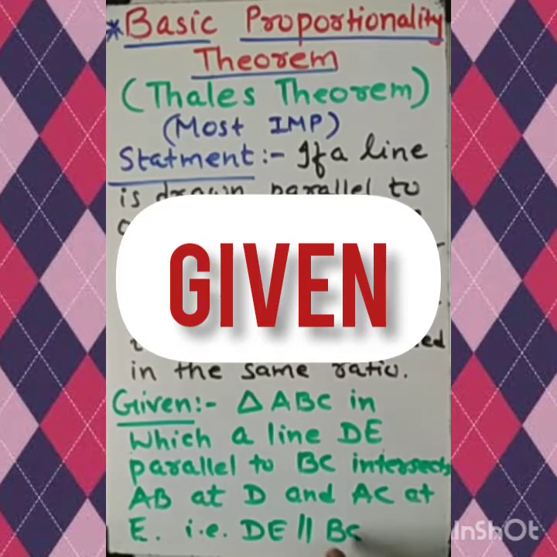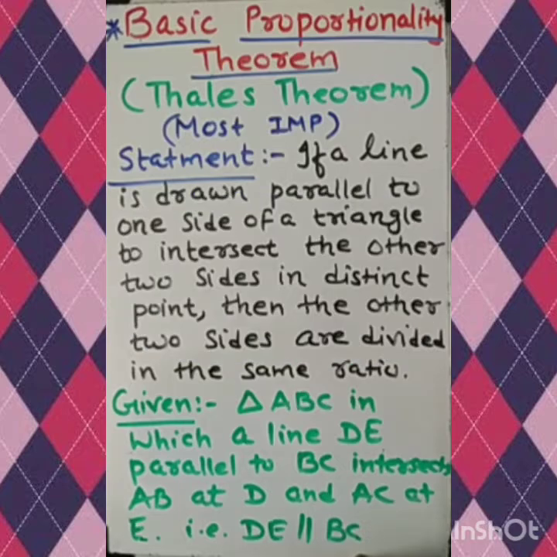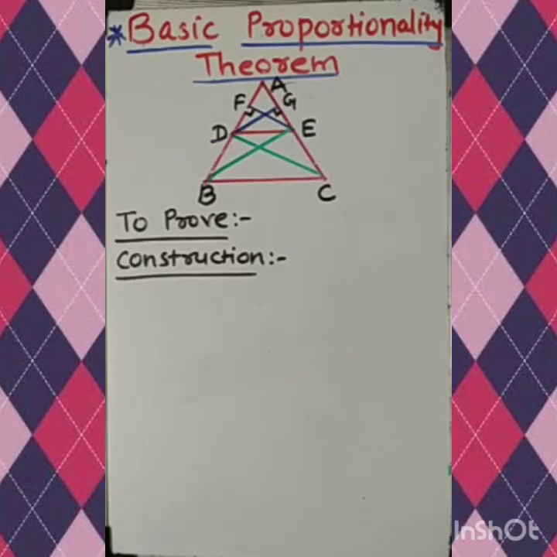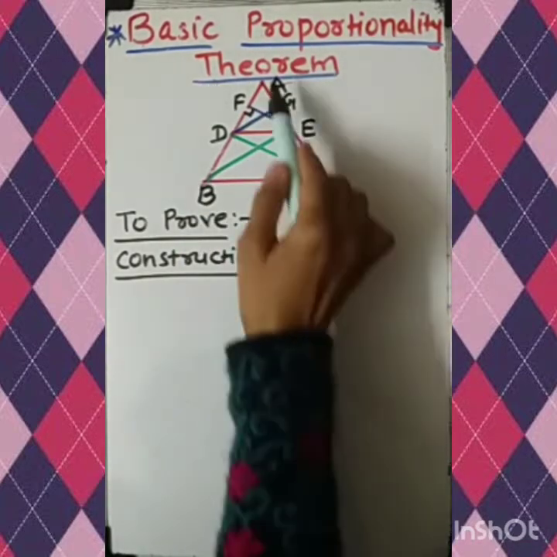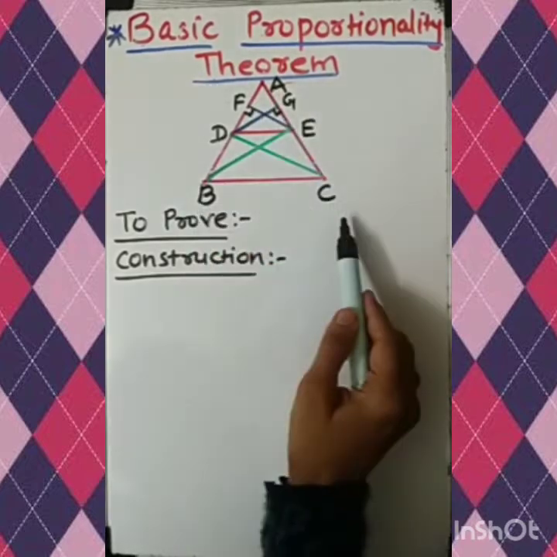Let's draw the figure related to this. Let's see the BPT and what we have written in the statement. According to that, ABC is a triangle.